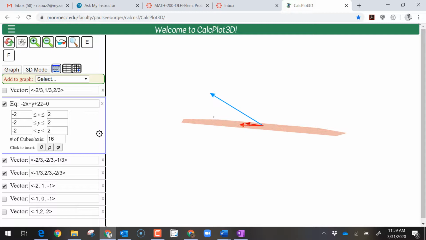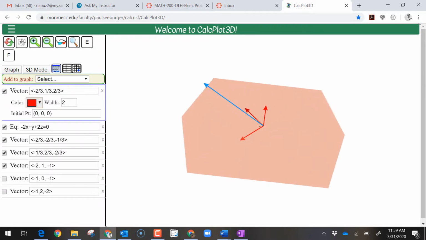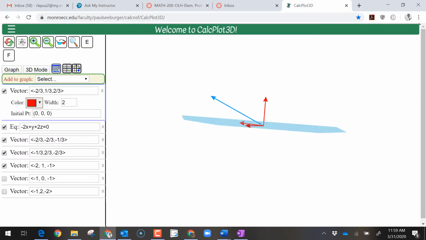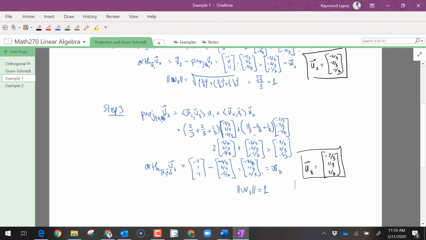We're going to look at the projection vector, and then after you project it, you do the subtraction, and then you get this third vector here that's perpendicular to the plane. And so let's get rid of that and get rid of the plane. You'll see now you have an orthonormal basis. They're all mutually orthogonal and they all have unit length. And so that completes our problem. We have our complete set of vectors.